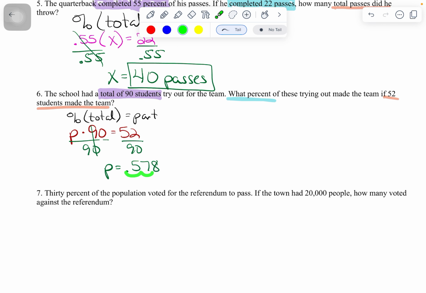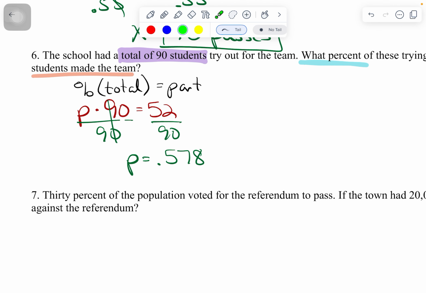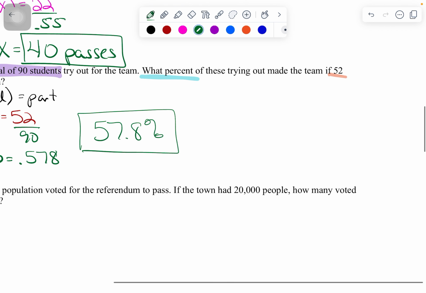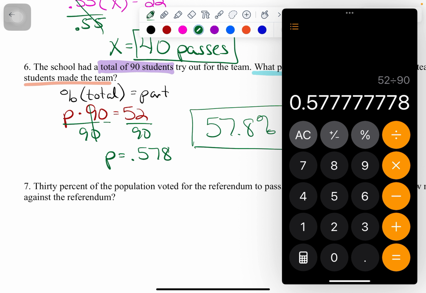Now, let me make sure I didn't lose any numbers. Nope, I did not. So move the decimal 2 places over, and that's going to give us a percent of 57.8%. So school had a total of 90 students, 52 made the team. All right, so that's all good for number 6.